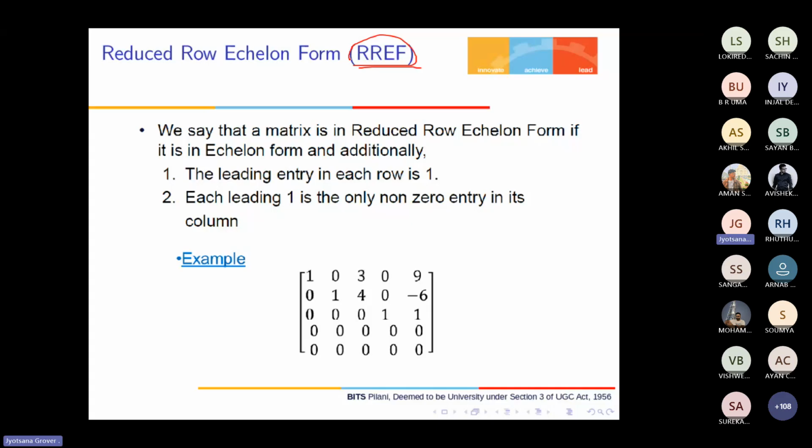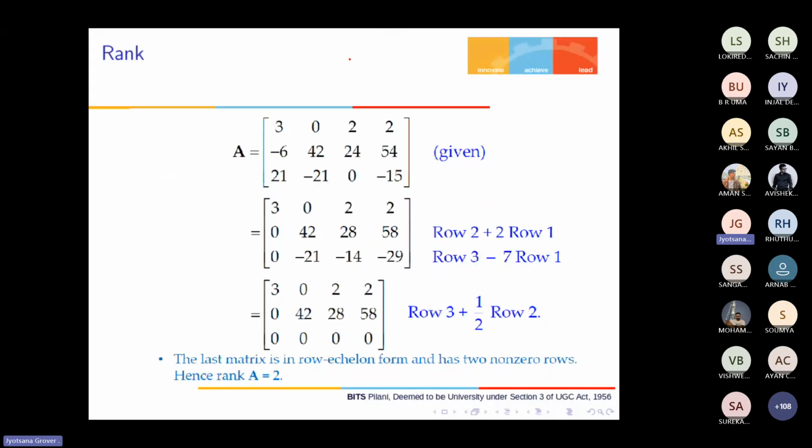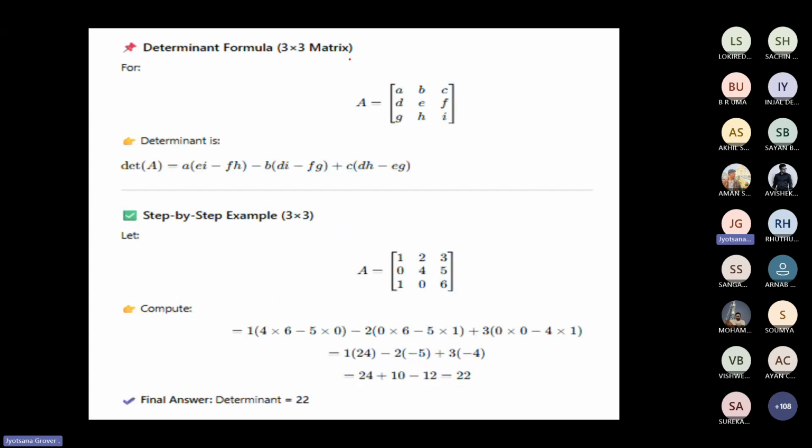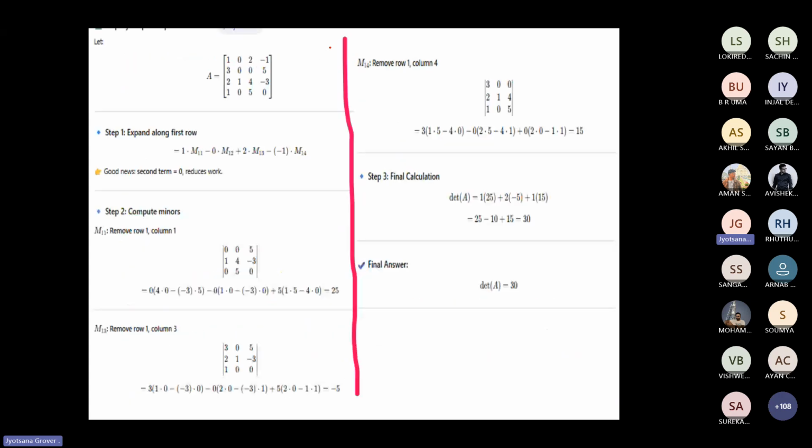I'll tell you, because using row elementary operations, you can get the determinant. But if you perform column elementary operations, that I'll show you in the next class, you will not be able to get it. Suppose I have to calculate a determinant, I'll show you in the next class.